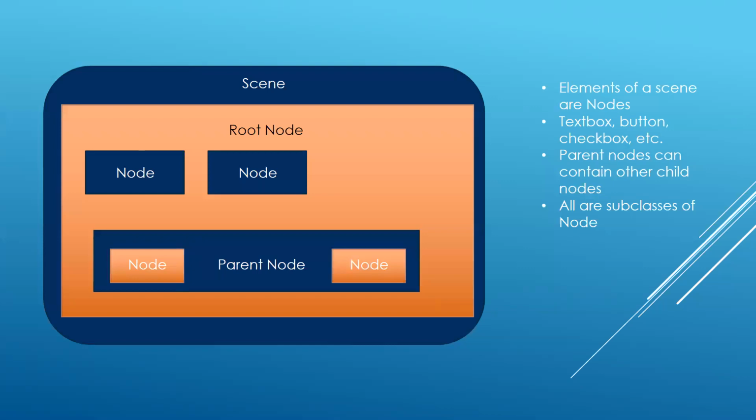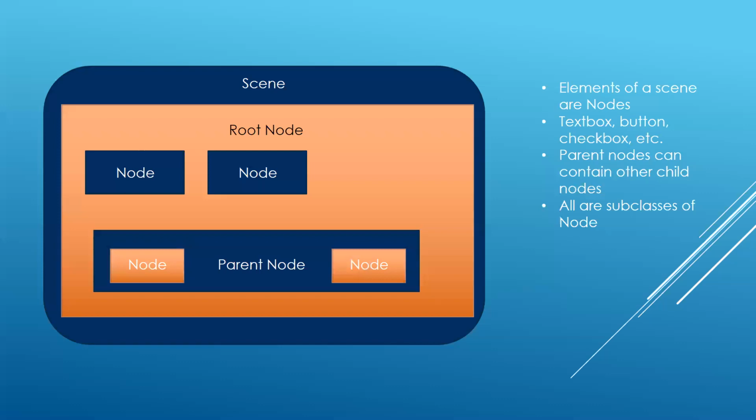Whenever we're creating a scene, our scene is going to be our container, right? It's going to contain all the stuff that we want to display. Within that scene, we're going to have nodes. Nodes could be things like text boxes or buttons or maybe labels. But any sort of thing that we would see displayed on a screen is going to become a node for us.